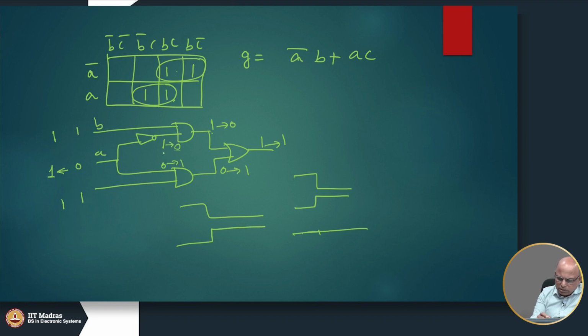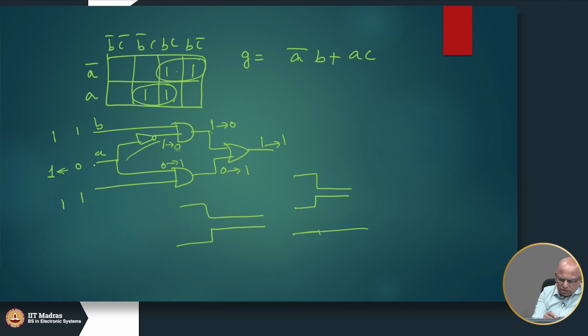It is possible that this 1 to 0 transition may take some time, okay, because there is a gate delay involved. Okay, it may take a little time, right. Meanwhile, so there is a small chance.